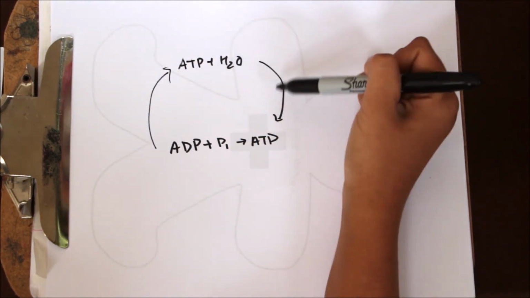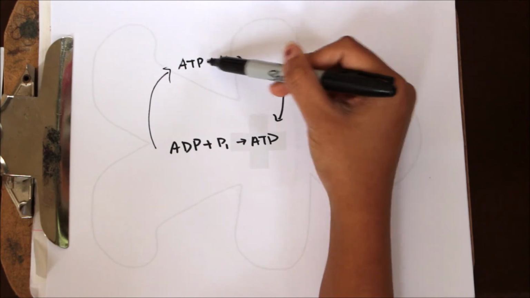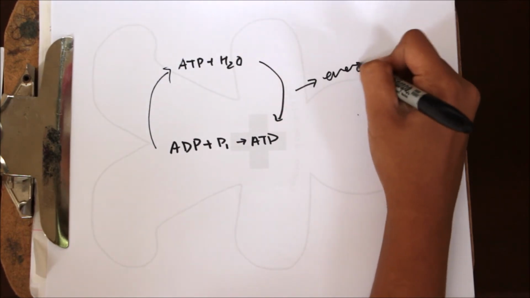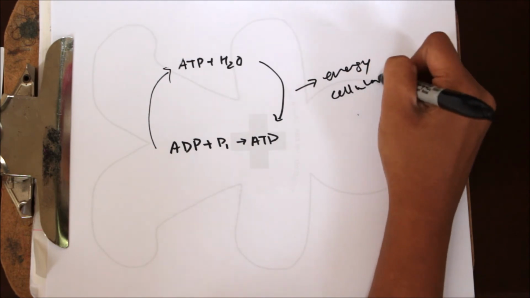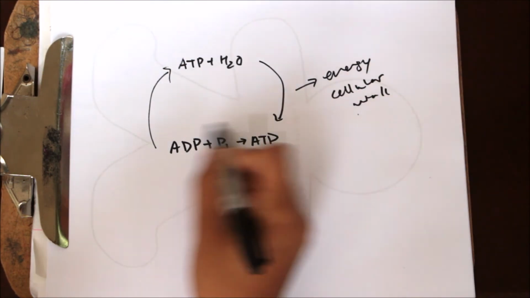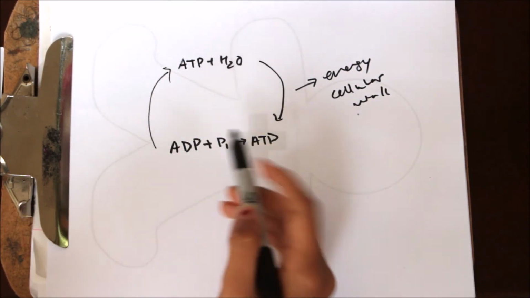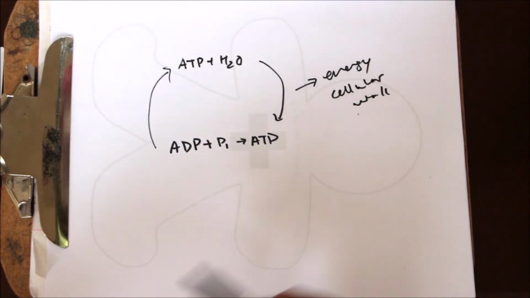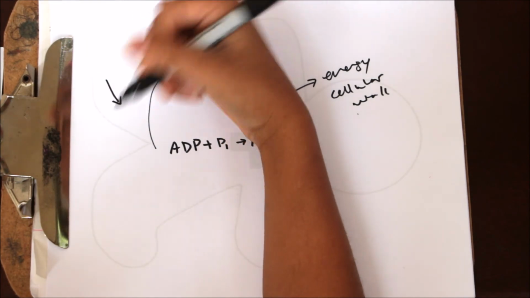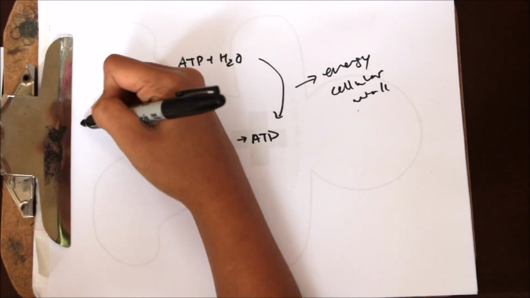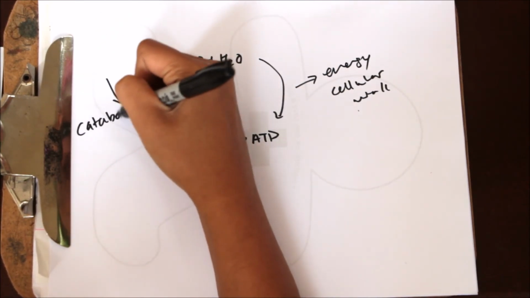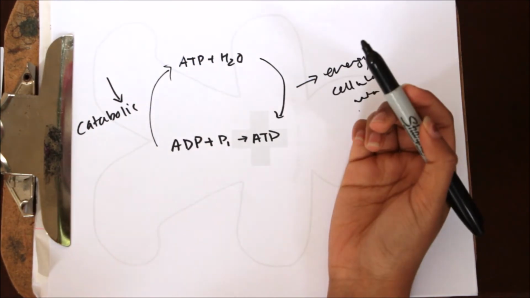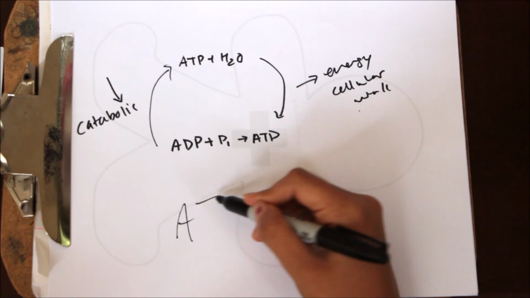We know that hydrolysis releases energy, and this energy can be used for cellular work. If this regeneration is endergonic, how do we get this energy? Catabolic reactions that happen in the cell all release energy; they're always exergonic. So catabolic reactions in the cell fuel the energy needed for ATP regeneration. Overall, this is known as the ATP cycle.